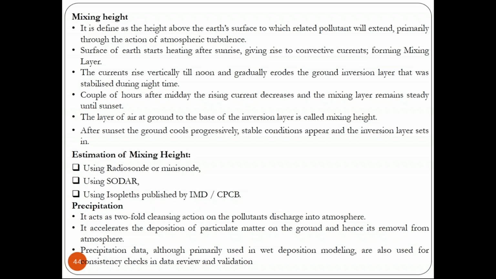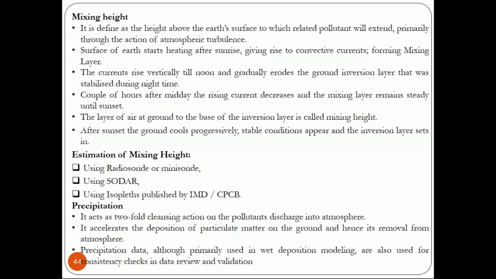Before that, before 2015, we were using it manually. We had to put in the mixing height as per our assumption, because the mixing height atlas is for 30 years, from 1970 to 2000. So we had to assume some mixing height for a particular area, and also in that atlas we do not have the mixing height for every area.